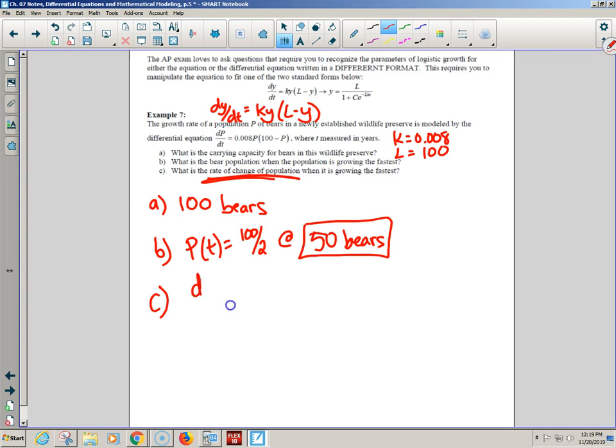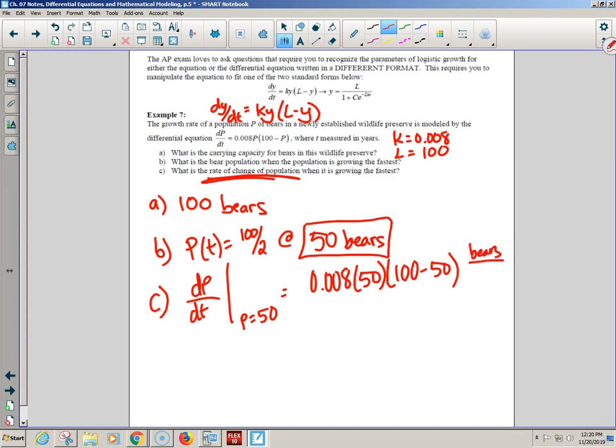All I have to do is dPdt, the differential equation, such that P equals 50. And guess who the only guy is that I need to know to plug in? We're not going to actually put this in our calculator and accidentally make a mistake. We're just going to plug it in and say, stick it to the man. Bears per, what are my units?